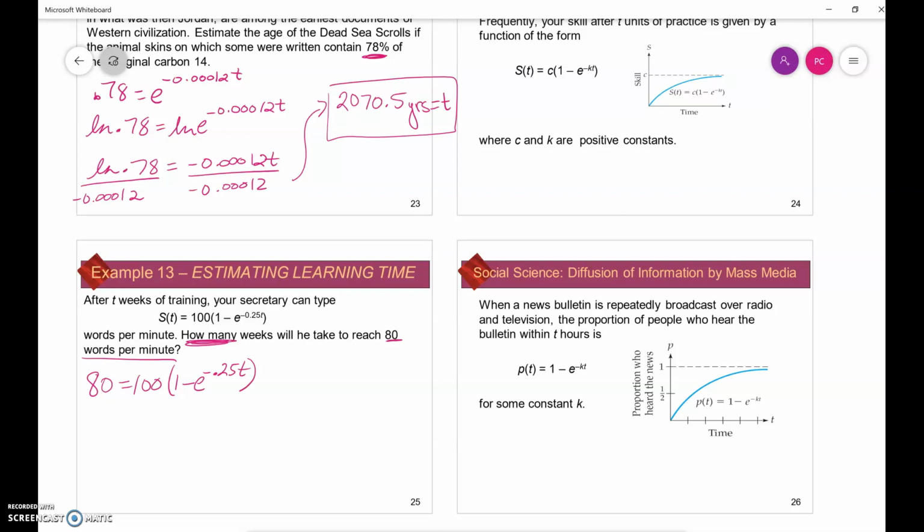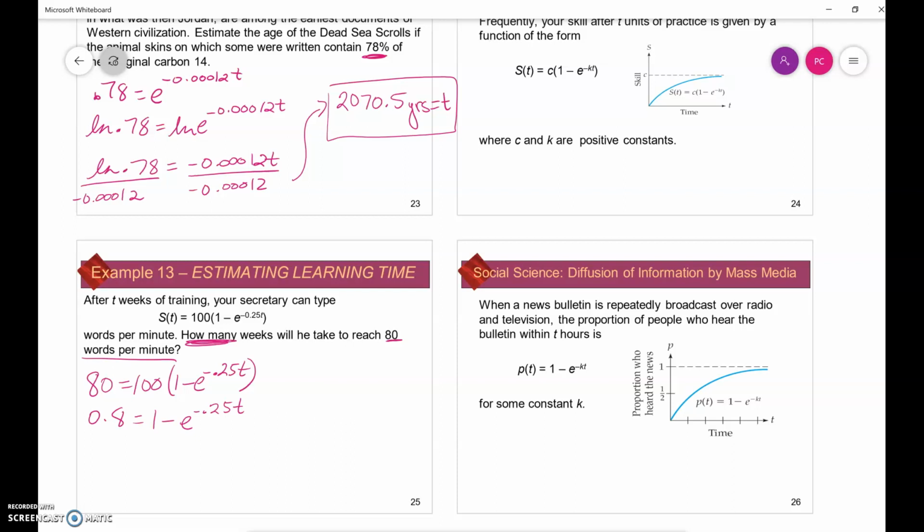The first thing that we need to do is divide by 100, because you've got to get the parenthesis by itself. So if we divide both sides by 100, we get 0.8 equal to 1 minus e to the negative 0.25t.